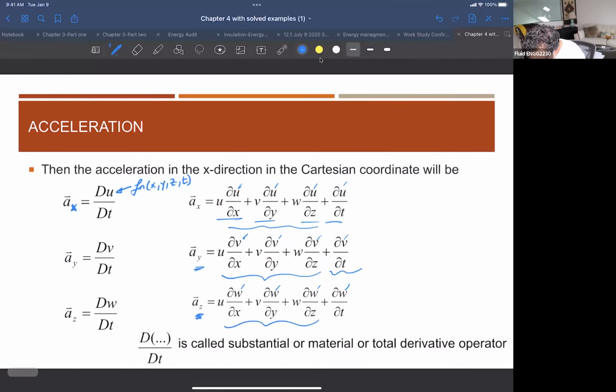Okay, so in general, every component of the acceleration has two parts. One is convective. Convective means convection is related to space, right? So the change with respect to the space or the distance or the domain, right? And then there is one change related to the local variation at the same point, but now with time.